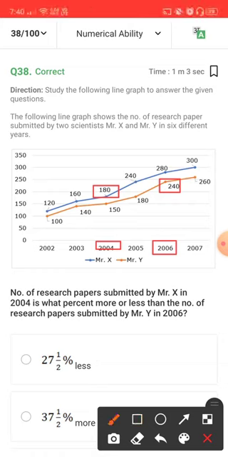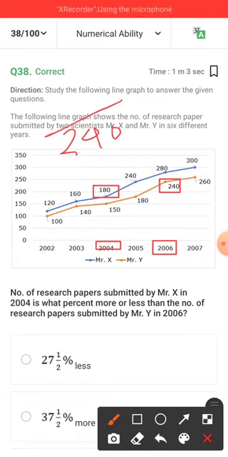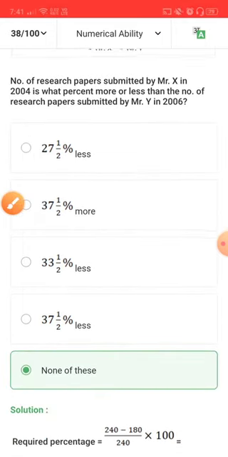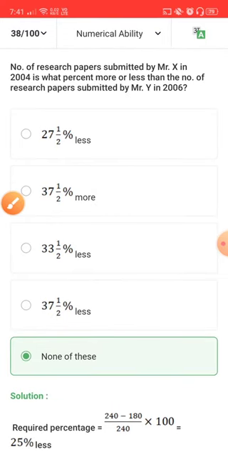Then what percentage more or less, they are asking. So 240, we can clearly see that this is 180, so the difference is 60 less. So it is 25% basically, 25% less. So none of this is the answer.